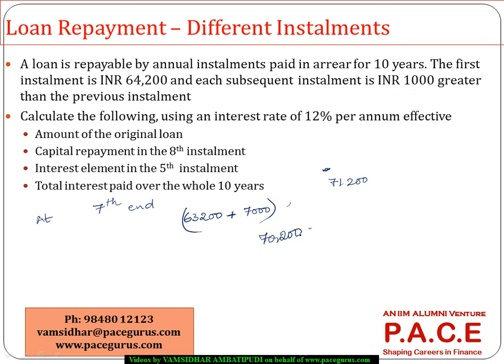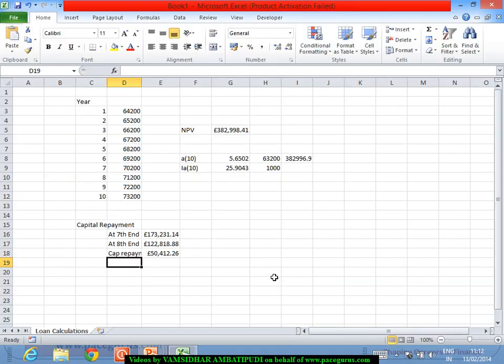The other way I am writing it is 70,200 A3 at the rate of 12% because three more installments are left to be paid, and the remaining 1,000 I will take it as IA3 again at the rate of 12% because three more installments are left. So probably the same calculation. Okay, I'll finish this calculation. 70,200, I multiply it with A3.